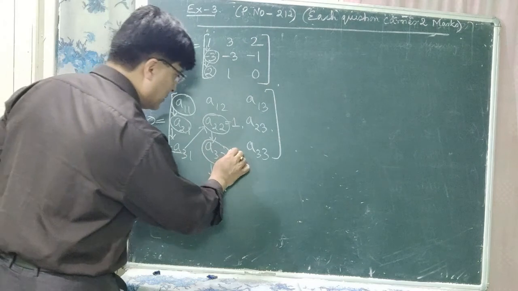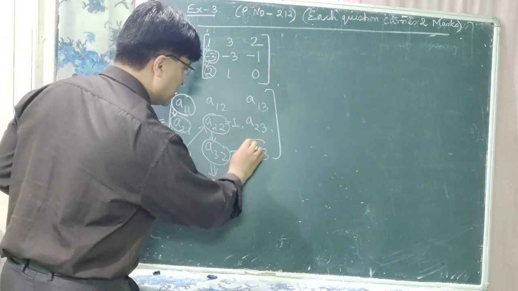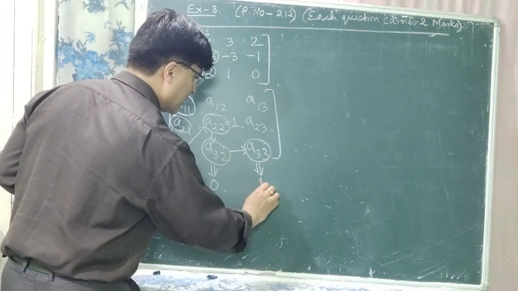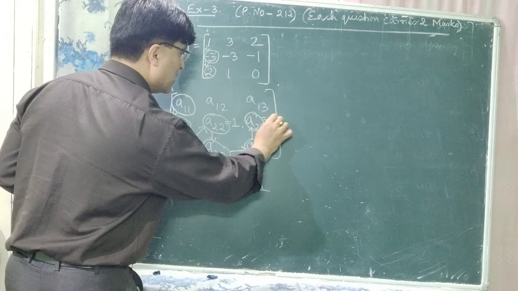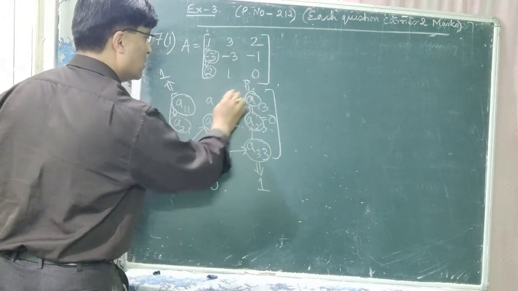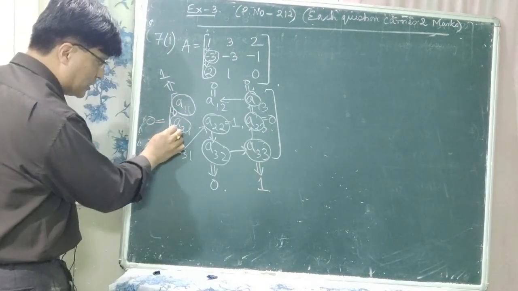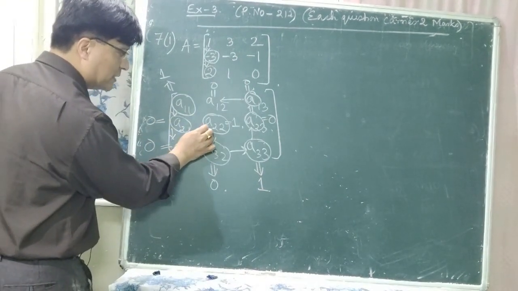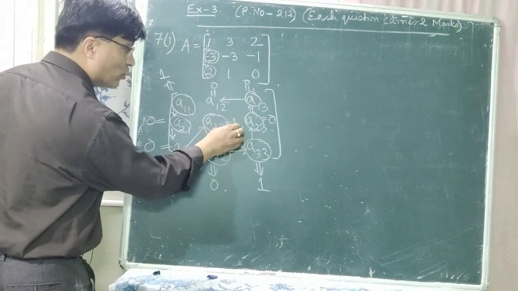Then go this direction, you should make it 1. Then you can make it 0, and then 0, then 0. So we go in this downward direction, then this A22, that is the second element of the second column, should be made 1.